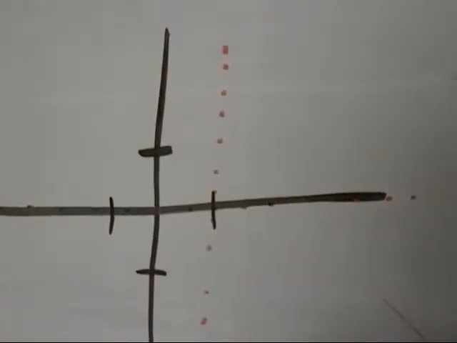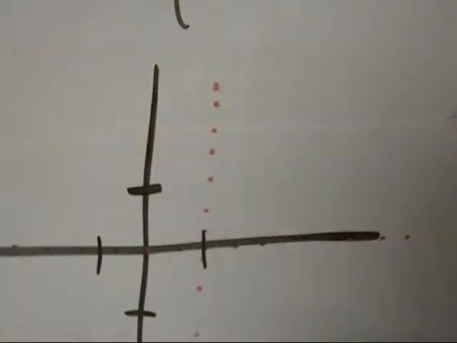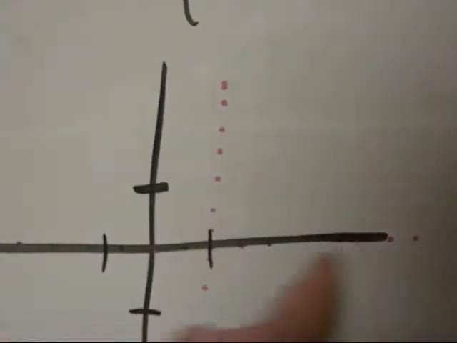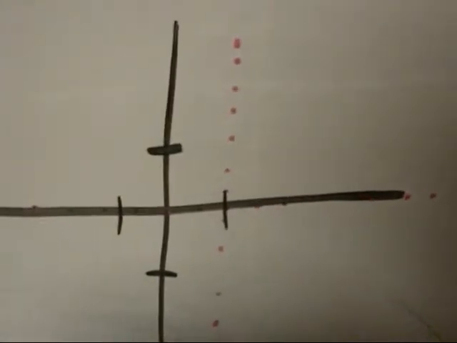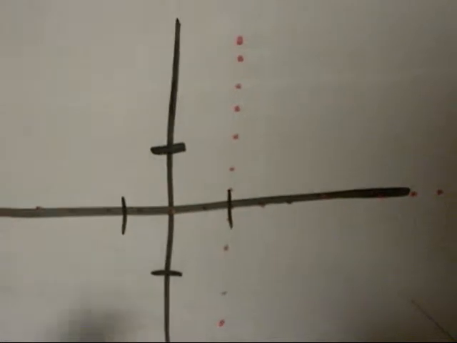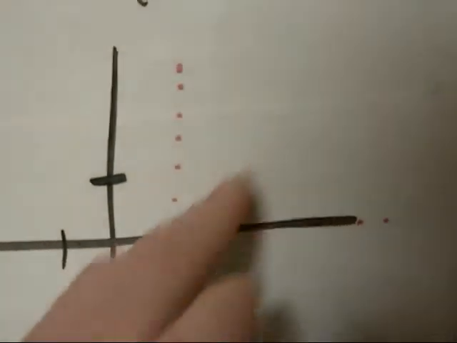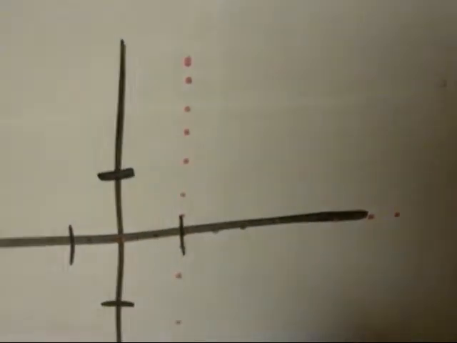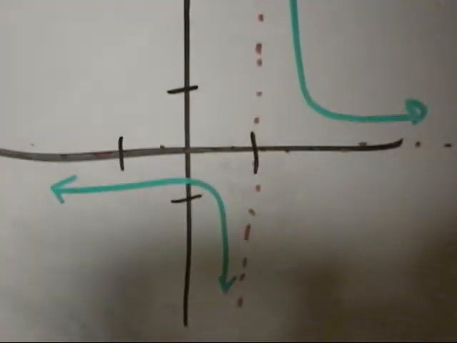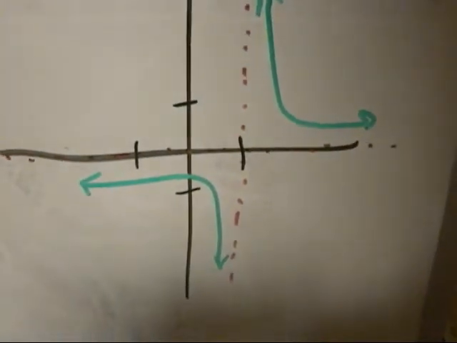I use dotted lines to draw in my vertical asymptote at x equals +1 here. My horizontal asymptote at y equals 0, that's the axis. And lastly, because I have a positive k, remember, it's like having a positive diagonal line. The branches will live here and here. So the final graph will look something like this.